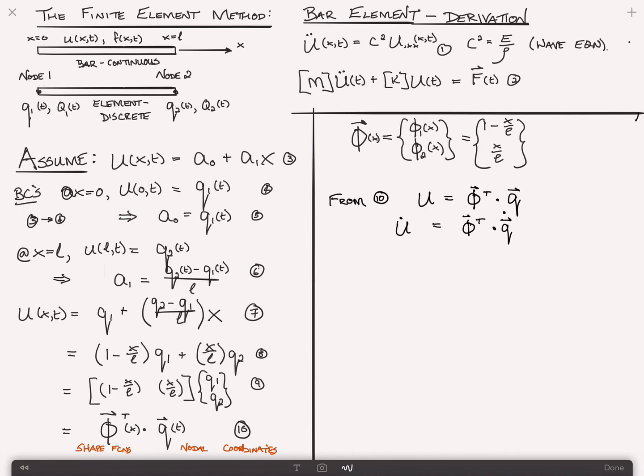And by the way, that's the velocity. If I wanted to square the velocity, I'd write that as follows: q dot transpose times phi times phi transpose times q dot.